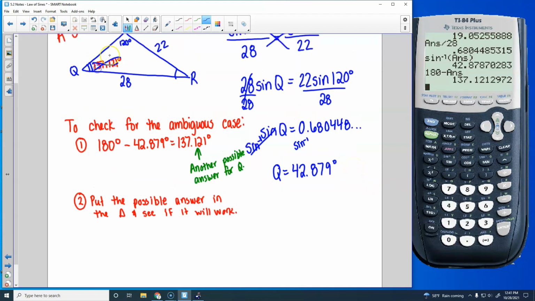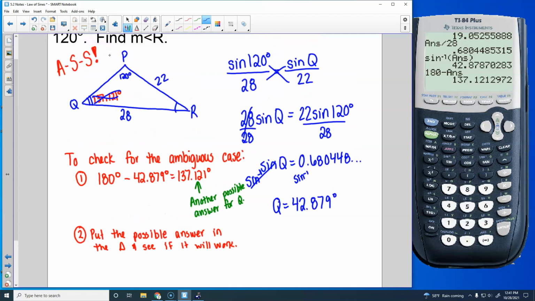We cannot have 137.121. The question did ask us for R instead of Q, so we would need to do 180 degrees minus the 120 degrees minus the 42.879 degrees. And so measure of angle R would be, if you ever see that M angle sign R, that means measure of angle R. You'll see that.